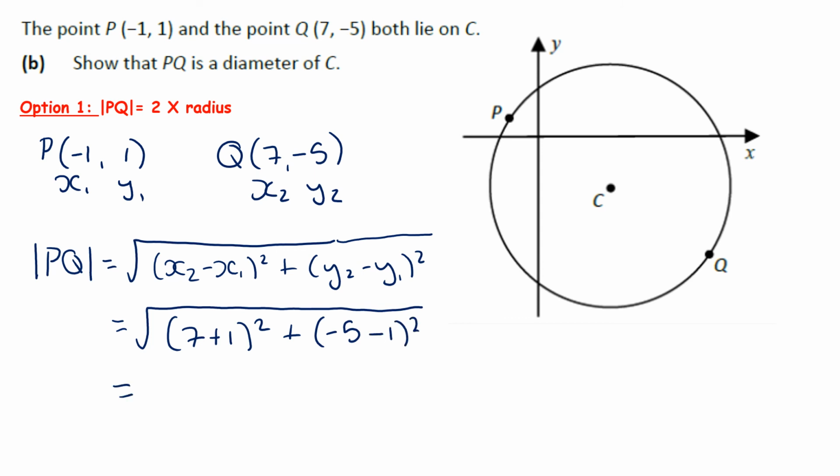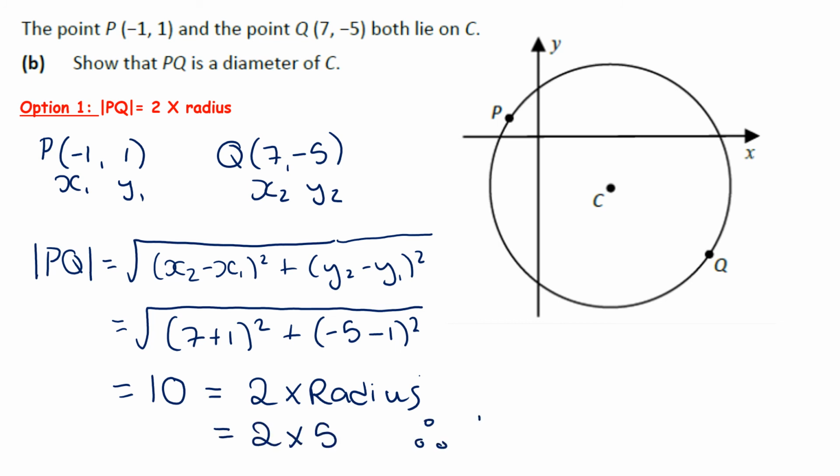Here we can go straight to the calculator. Make sure you're using your brackets when you're squaring, and we get that it's equal to 10, which is equal to 2 times the radius, because the radius was 5. Therefore, PQ is a diameter.